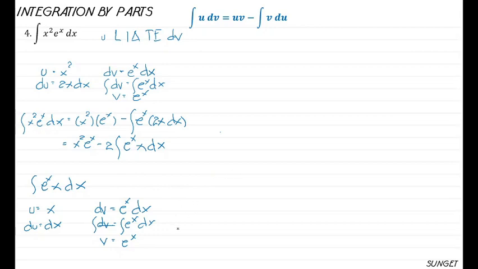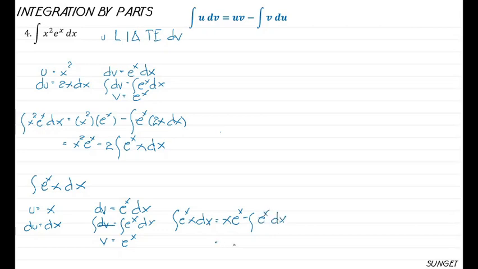So the integral of e raised to x times x dx is equal to u times v, so x times e raised to x minus the integral of v du, so e raised to x times dx.